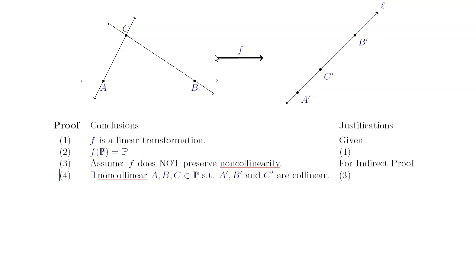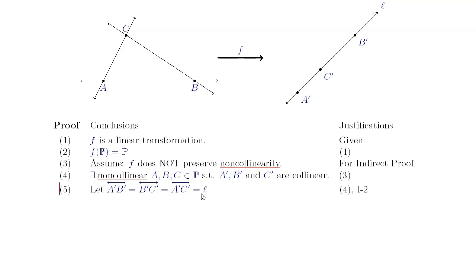So that's the picture here. Since A prime, B prime, C prime are all on the same line, line A prime B prime, line B prime C prime, and line A prime C prime are all the same line.